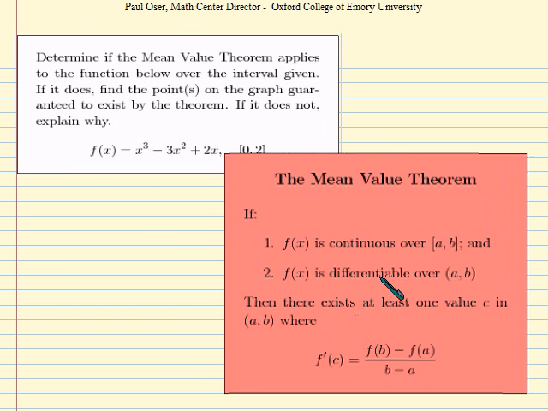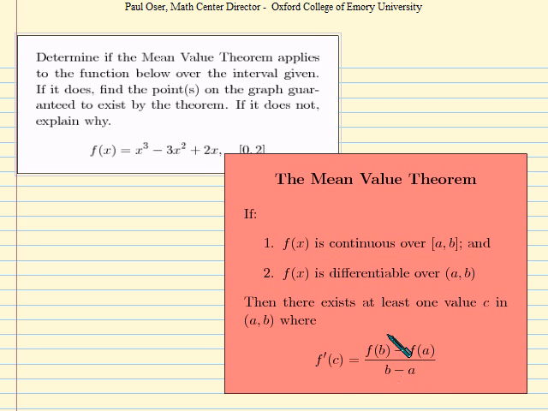Recall, the mean value theorem tells us if we have a function which is continuous over a closed interval, endpoints are included, and if that same function is differentiable over the open interval with the same endpoints, then there has to exist at least one value c, now this is an x value, an input to our function, in this open interval from a to b, the same one we used here, where the derivative at that x value, at c, equals some fairly special expression here, this f of b minus f of a over b minus a.